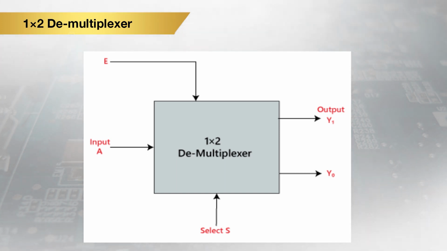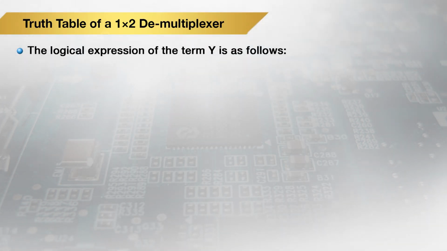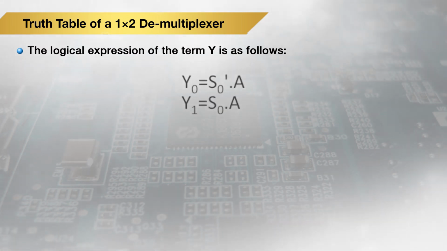If S is equal to 0, then the value of A will be transmitted at Y0. If S is equal to 1, the value of A will be transmitted to Y1. So, the logic expression is as follows: Y0 is equal to S0 bar dot A and Y1 is equal to S0 dot A.